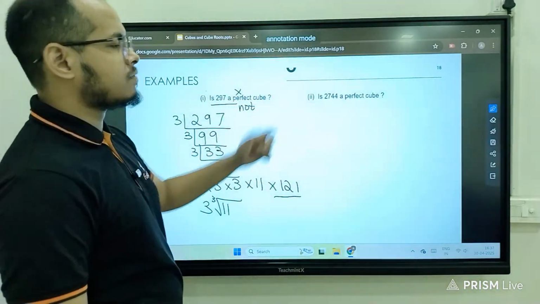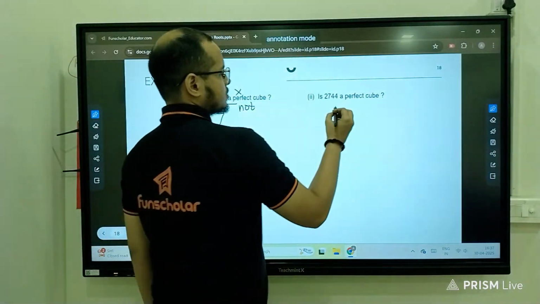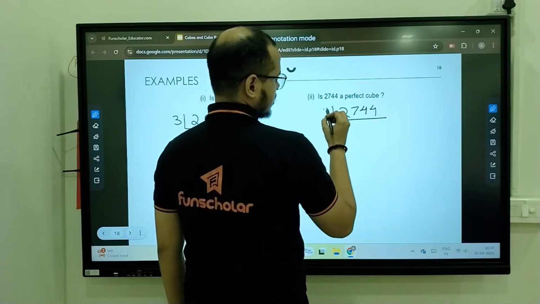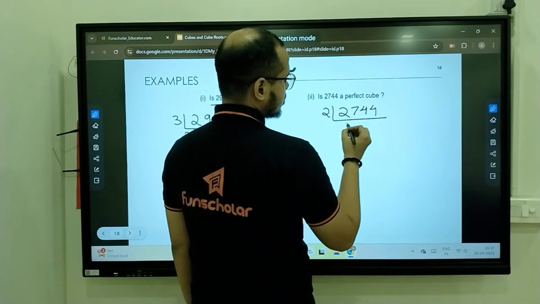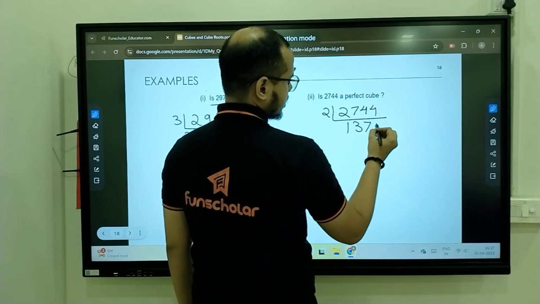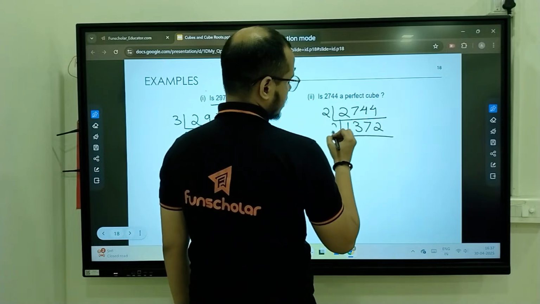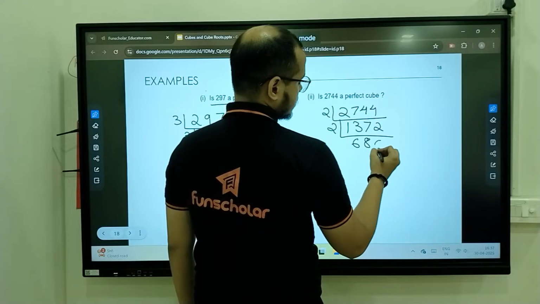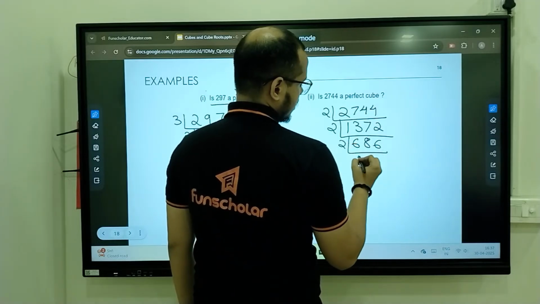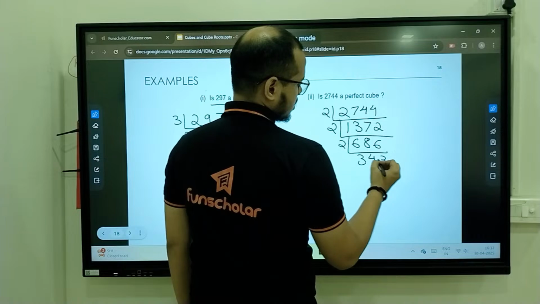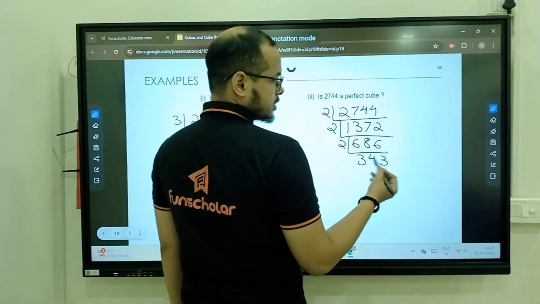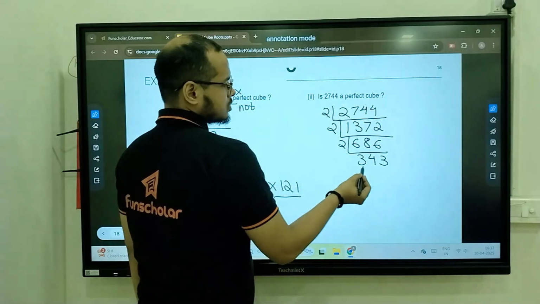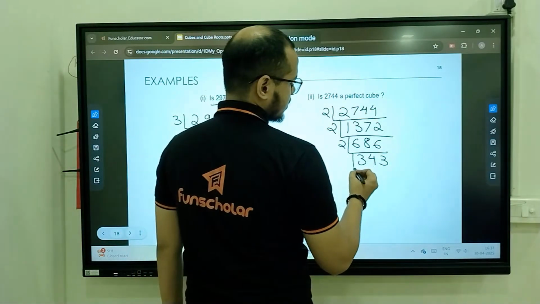Now let's find out for 2744. 2744 divided by 2, the last number is even, so let's start with 2 only. We get 1372, again even, divided by 2 gives 686, again by 2 gives 343. Now let's find out what 343 is divisible by. I can relate to it because I have memorized all the cubes. 343 is nothing but the cube of 7.